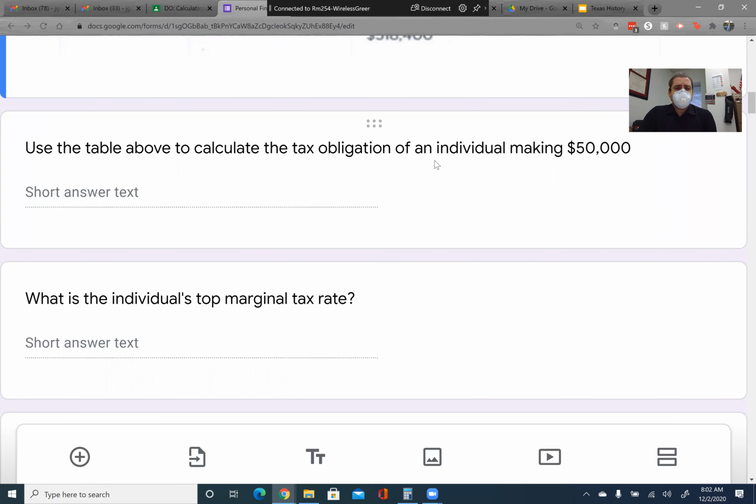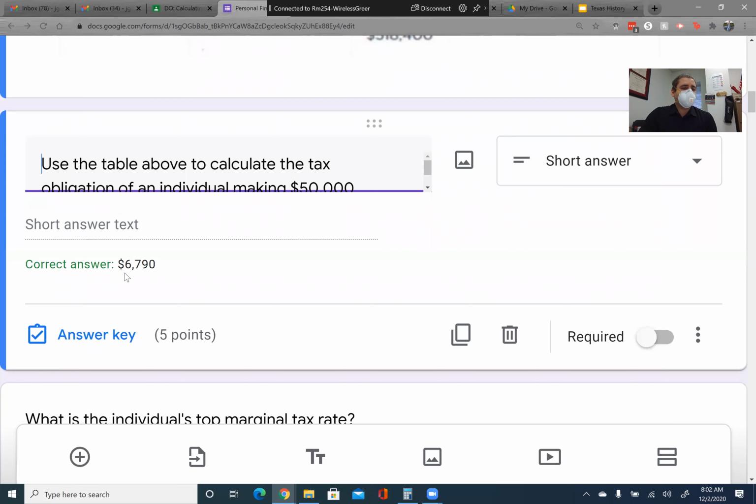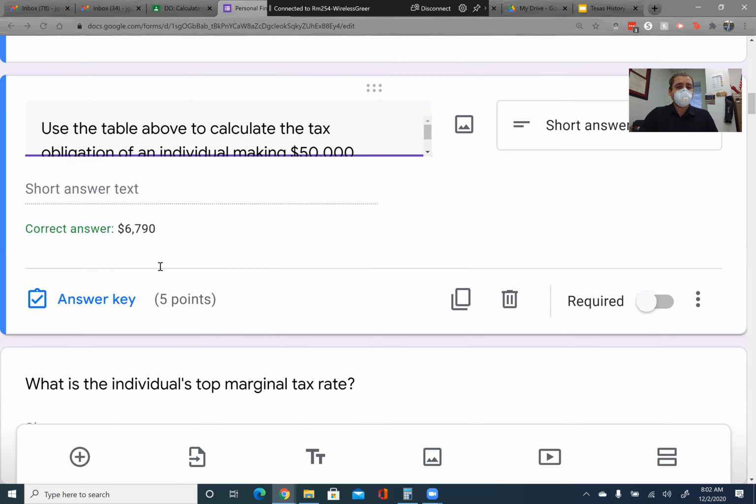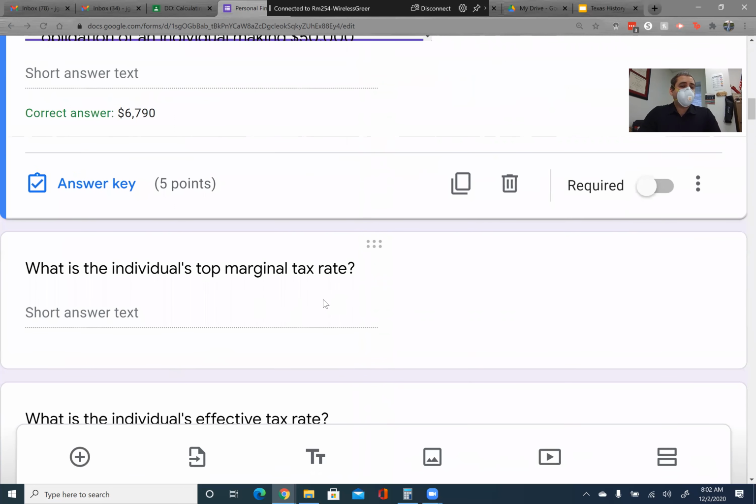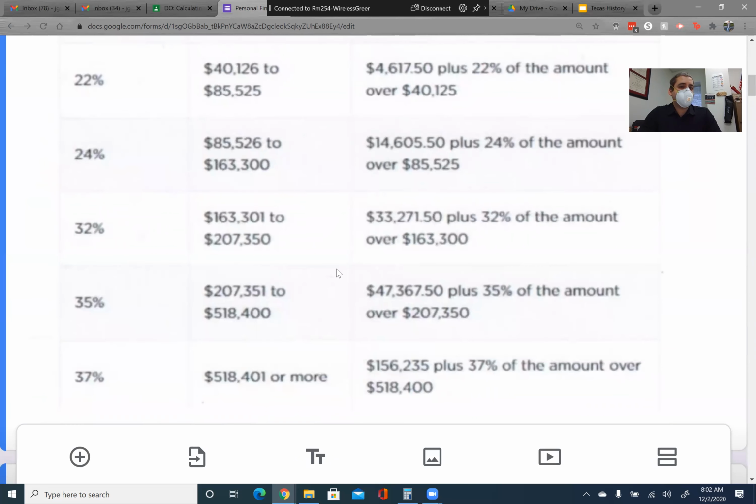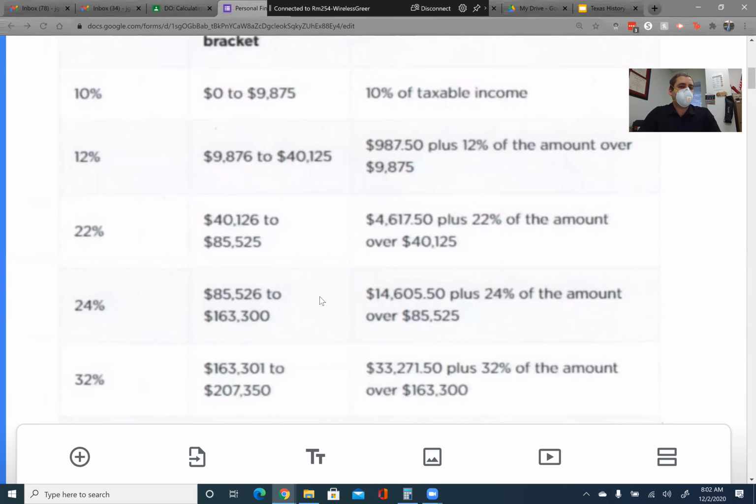Okay, so for $50,000, we calculated the tax obligation to be $6,790. I'm not going to go through the calculations on that one because we did that already. For someone making $50,000, their top marginal rate would have been what? 22%, because $50,000 falls between 40 and 85,000.